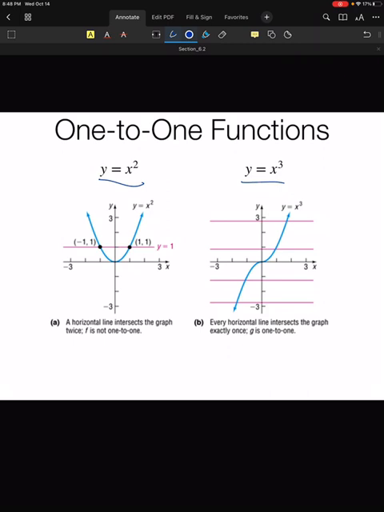And so x squared is not a one-to-one function. In contrast, x cubed is a one-to-one function, because any time you draw a horizontal line for x cubed, you're going to get only one intersection. So x cubed is a one-to-one function.